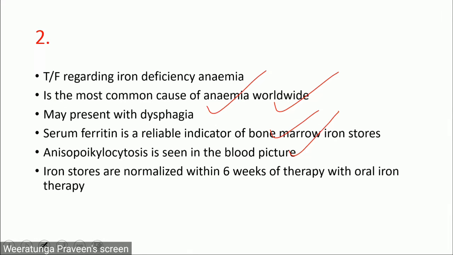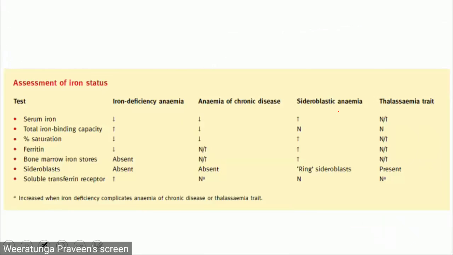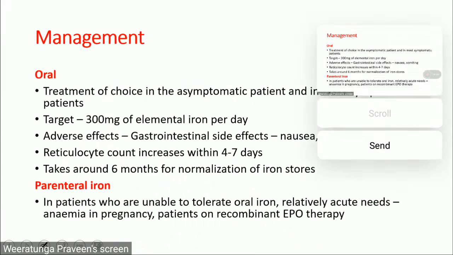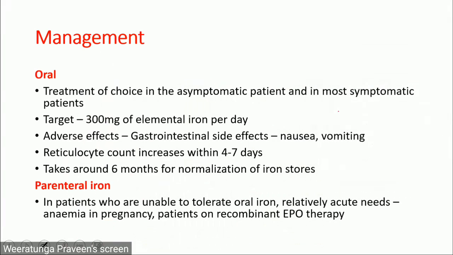Now, how do we treat iron deficiency anemia? The treatment is with iron, obviously, and what we use is oral iron. Most of the time, oral iron is absolutely fine. For oral iron to replenish the iron stores, it takes about 6 months.